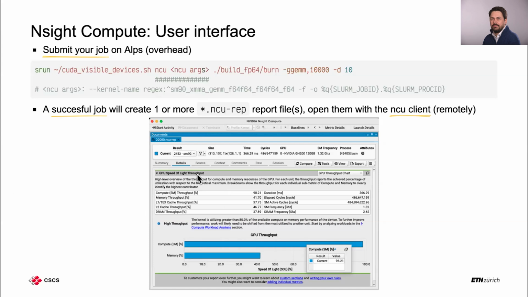And then here, that's the first thing. By default, NCU will collect what they call the speed of light performance data. So it's a general overview of the performance of your kernel.